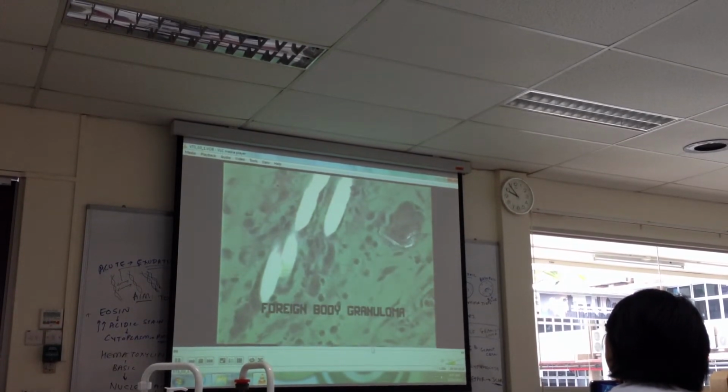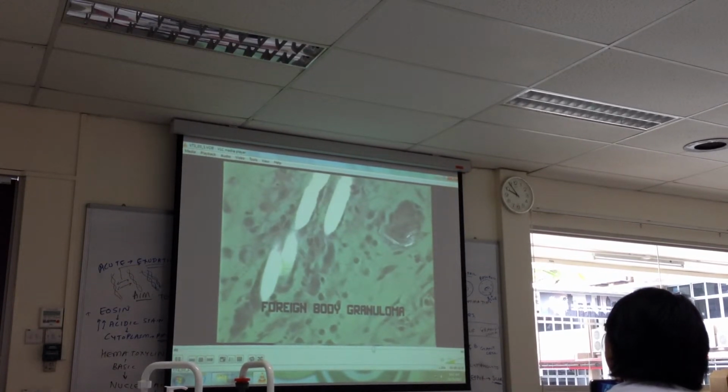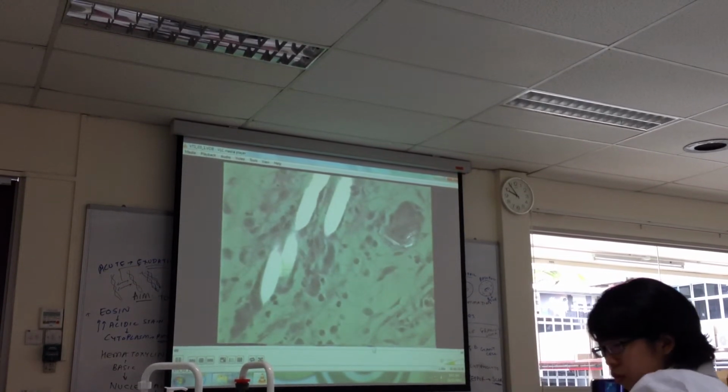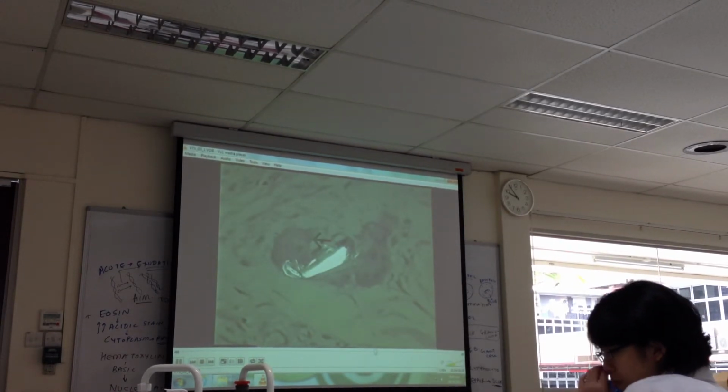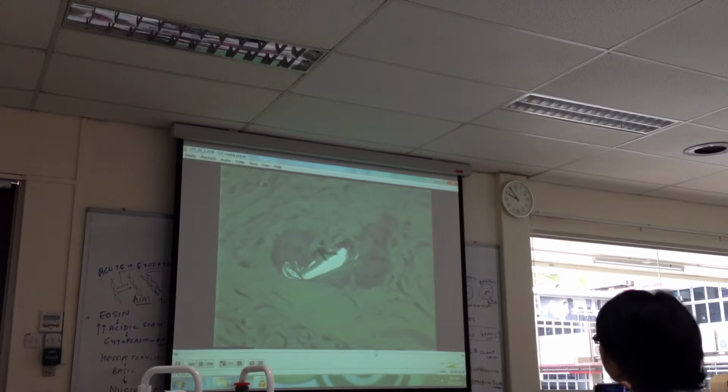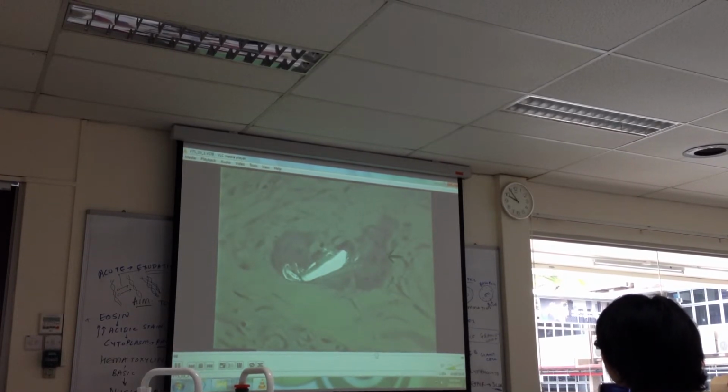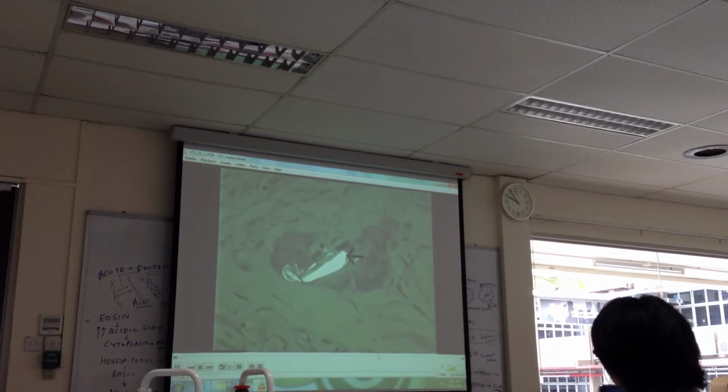This is a foreign body granuloma. By fusing to form giant cells, such as here and here, macrophages can sequester large pieces of foreign material which they can't break down.